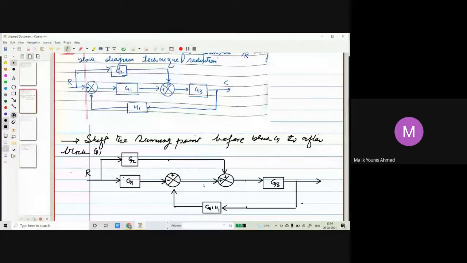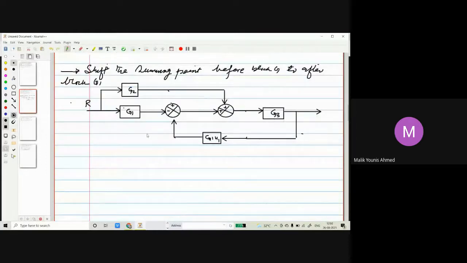Just we have moved a summing point before a block G1 to a position after the block G1. Everything is intact. Just there is a change in the feedback path because the gain will be multiplied. If we shift after, then simple gain will be multiplied. If we shift before, then reciprocal will be multiplied. That you already know. So this is the first step what we can do.